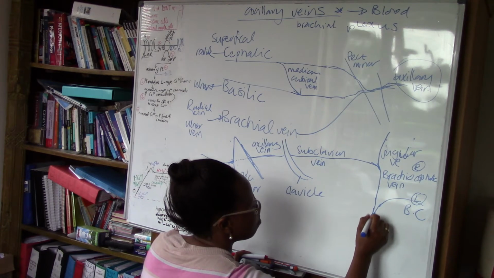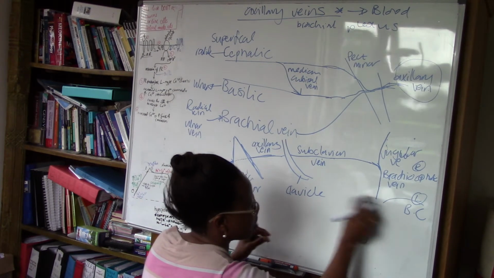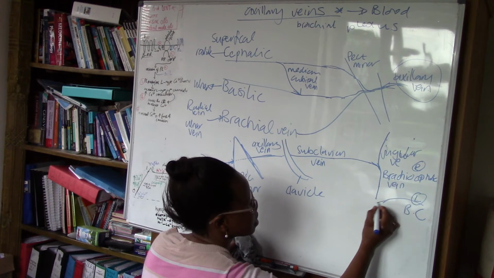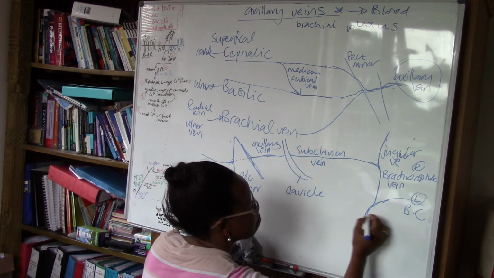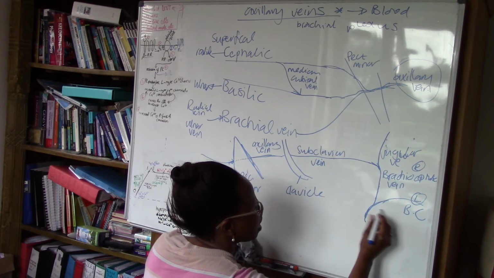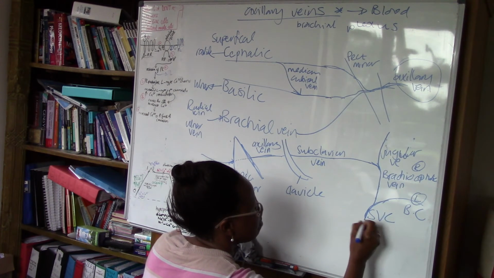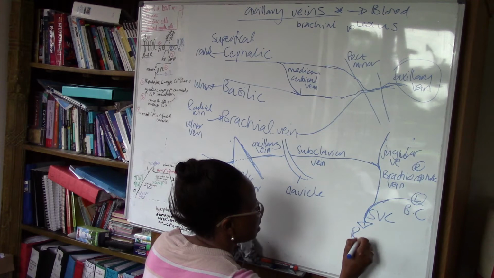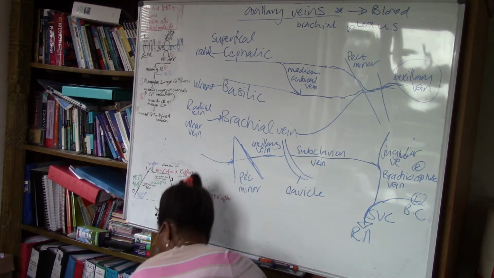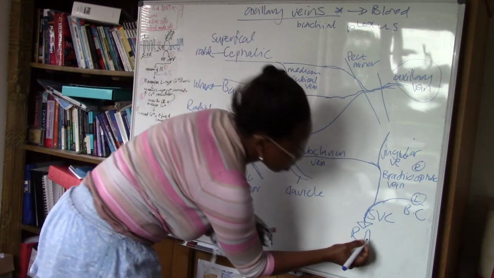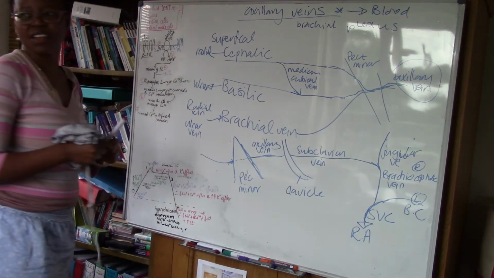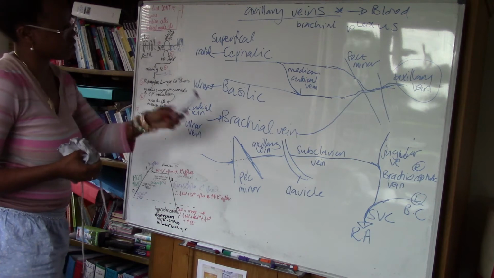I can't remember how much of this can be caught on camera. So the right and left brachiocephalic will then become the superior vena cava, and then they will drain into the right atrium of the heart. And really, this is all that I wanted to say about the veins.